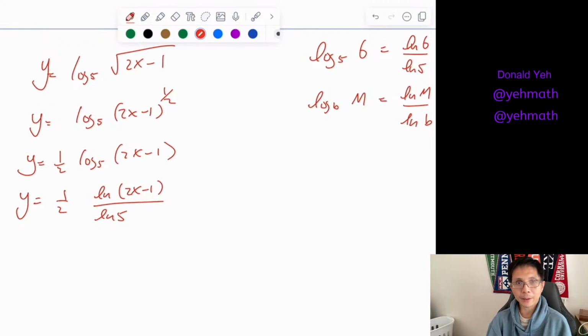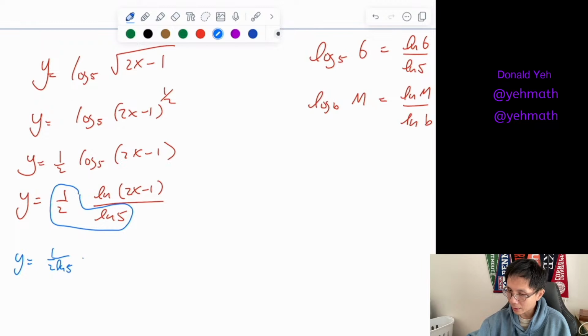Now this is actually an interesting derivative, because if you pay attention, it's just the derivative of natural log of 2x minus 1 with a constant here. So recognize that this is a constant. So I can rewrite this as y equal to 1/2 times 1 over ln of 5 times ln of 2x minus 1.